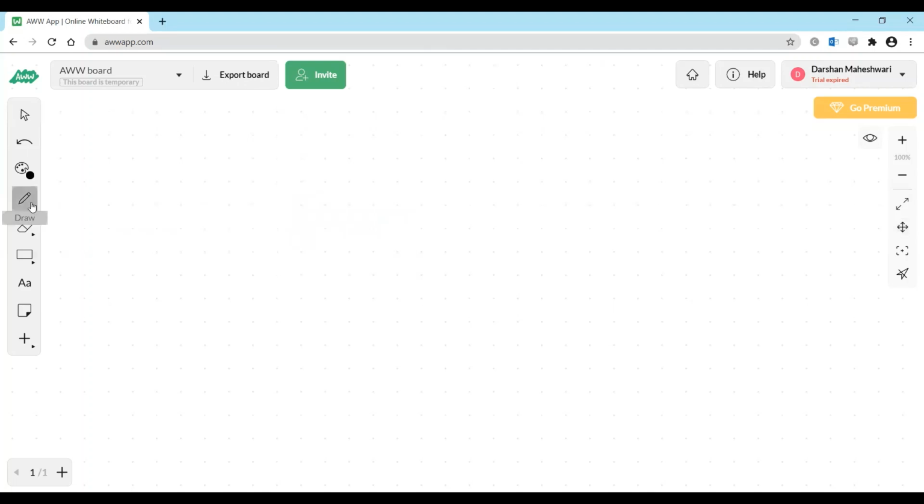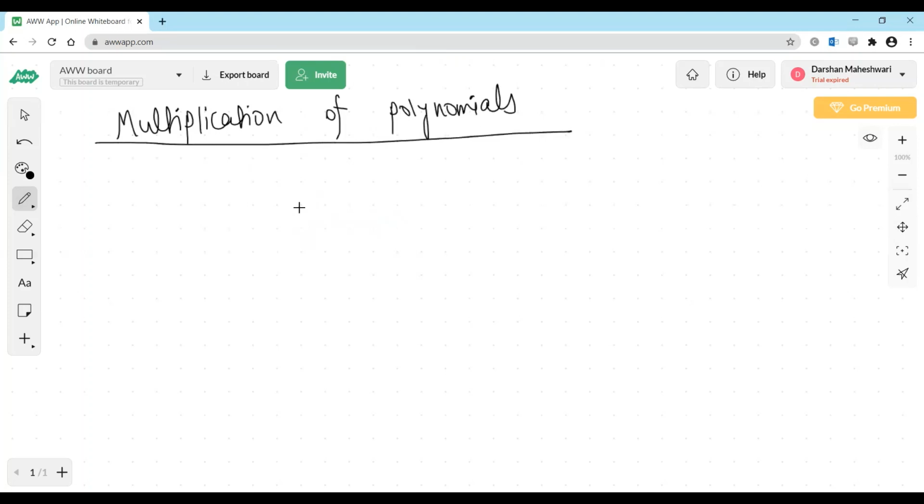All right, let's now talk about the multiplication of polynomials. In the first part, let's talk about the multiplication of monomial with monomial. Let's say one monomial is 5, another monomial is 2x.